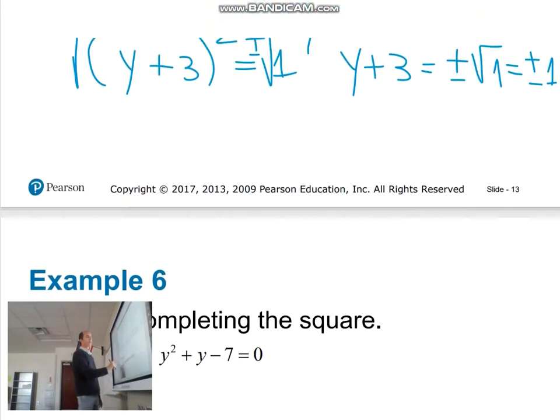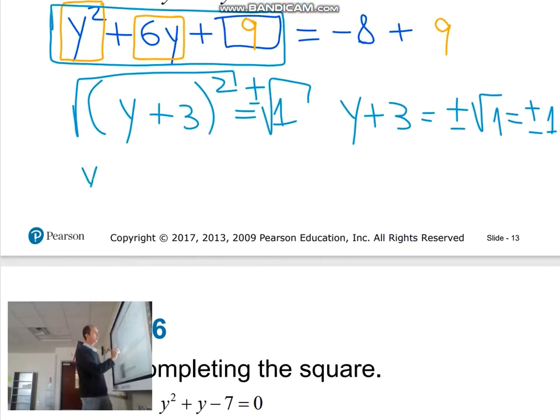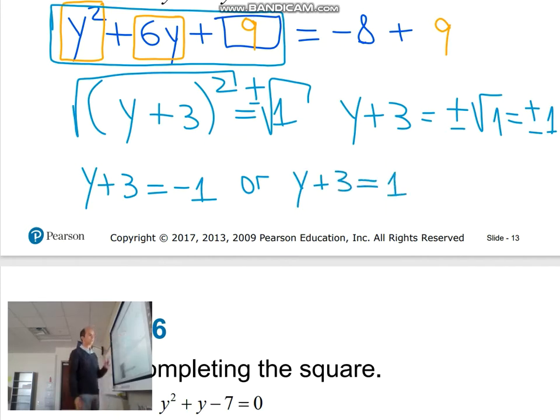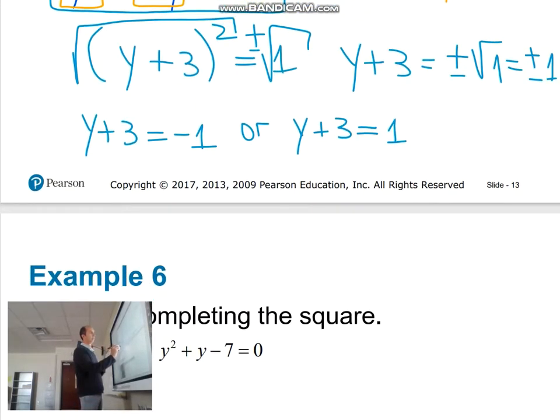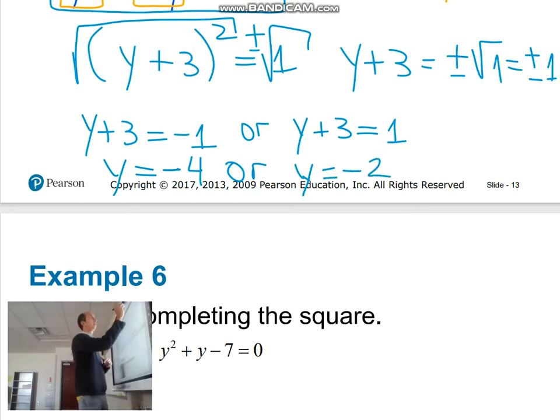And that means y plus 3 equals -1, or y plus 3 equals positive 1. y equals -4, or y equals -2. Those are the answers.